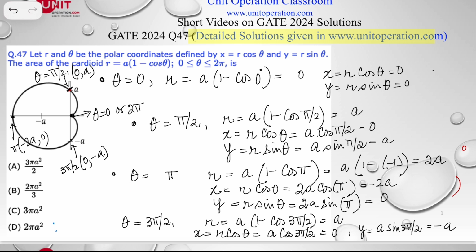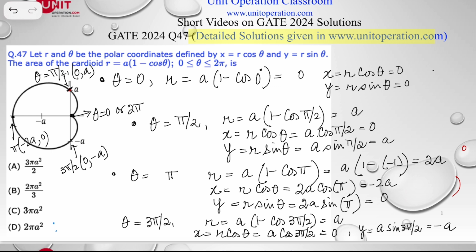Let's look at theta equal to pi, which is right here. r is equal to a times 1 minus cosine of pi, and cosine of pi is going to be equal to negative 1. So r is 2a, and x is equal to r cosine of pi, so that's negative of 2a, and sine of pi is 0.